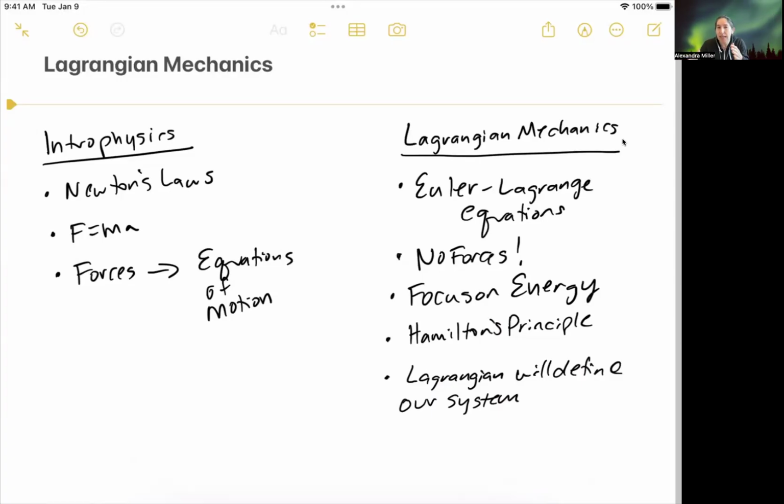In Lagrangian mechanics, instead of giving you this list of forces which define the behavior of our system, I'm going to give you this object, which will be called the Lagrangian. And that's going to sort of define the particular system that we're dealing with. And then we're going to plug this into something known as the Euler-Lagrange equations to find our equations of motion. So these Euler-Lagrange equations lead to our equations of motion.